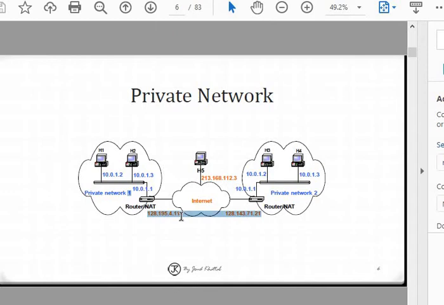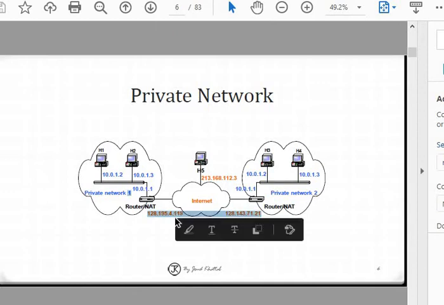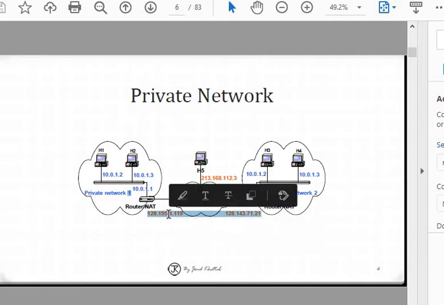Take the scenario: your BSNL service provider gives your college only one public IP address. Now consider that your college has 1,000 systems. How do your 1,000 PCs access the internet from this one IP address?